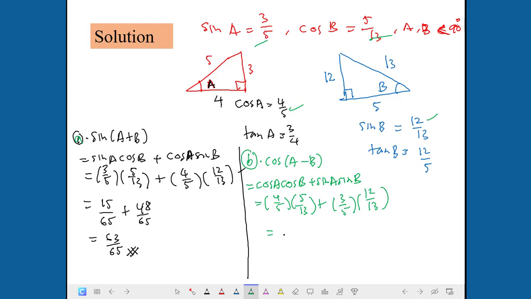Let's simplify: 20 over 65 plus 36 over 65, and you get the answer 56 over 65.